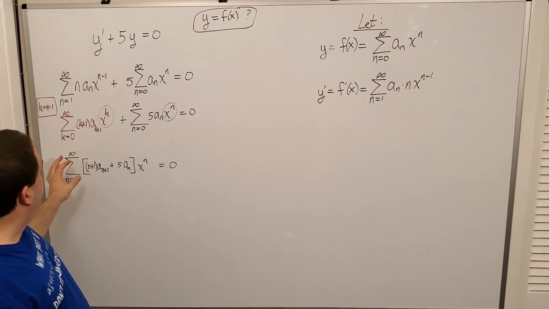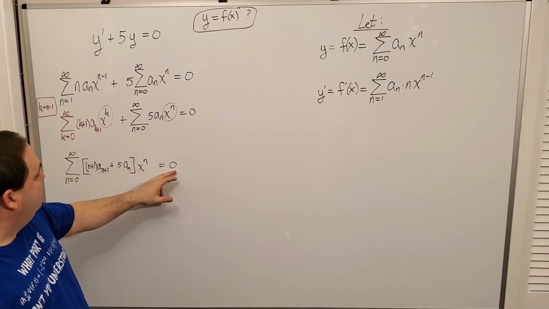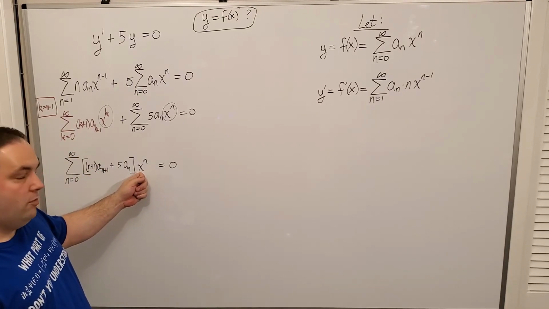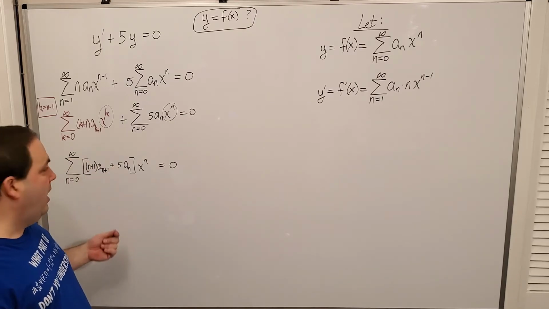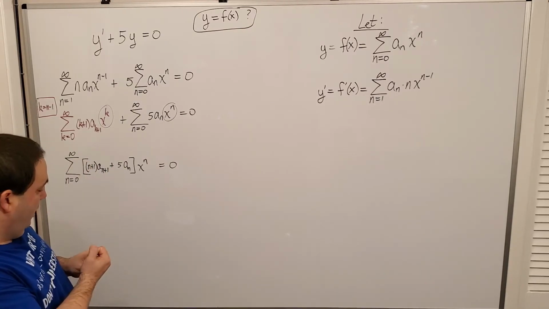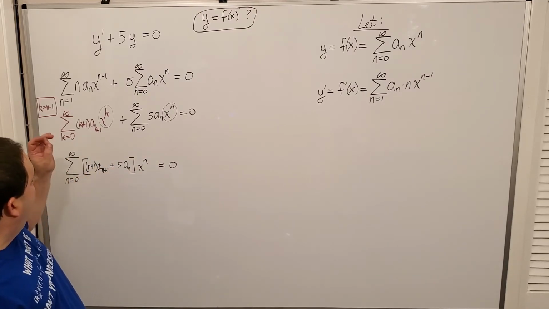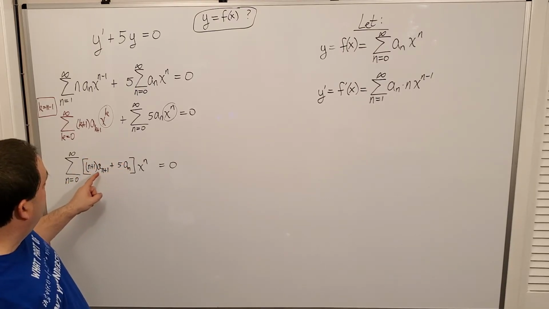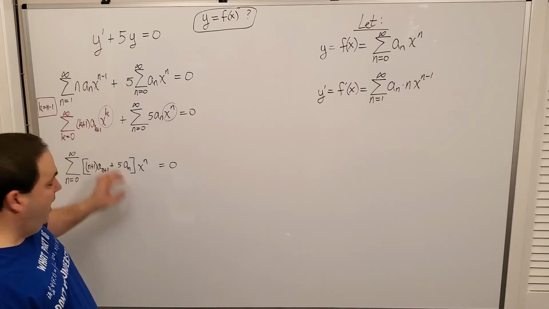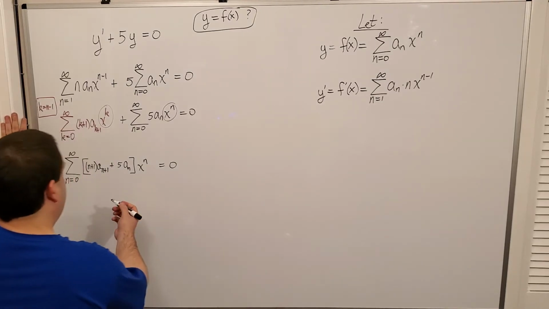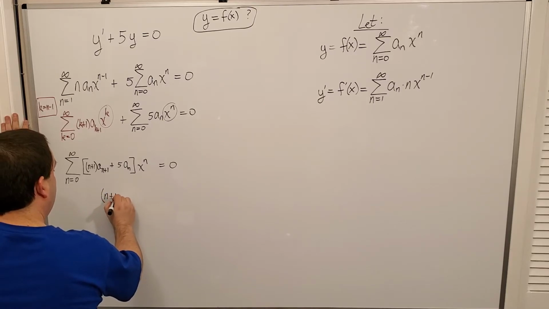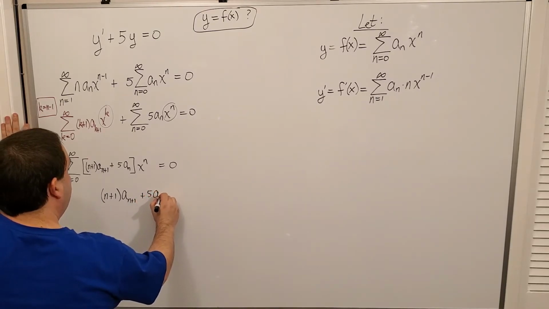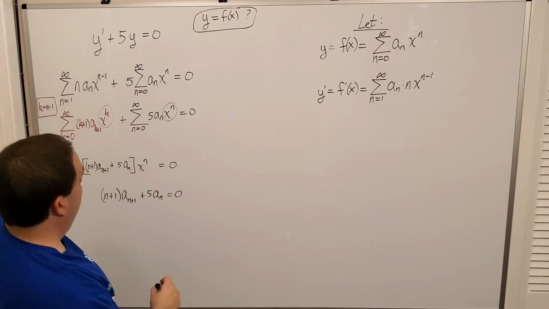The only way that I can have an infinite sum of this nature equal to 0 is if each individual term was 0, because it would have to zero out all of the different powers, otherwise the powers themselves wouldn't combine all the time. So what this is telling me is that for each value of n, this particular combination has to equal 0 for every value of n. So that gives me an equation to solve. N plus 1, a sub n plus 1, plus 5 a sub n must be equal to 0 for all n.